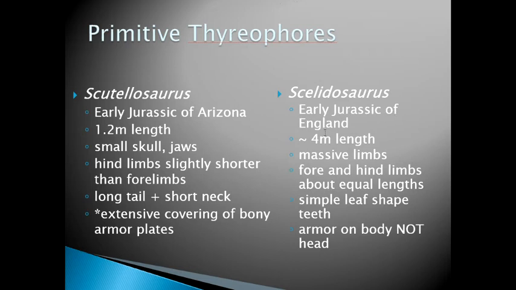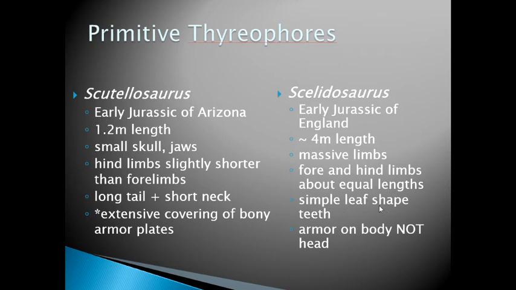And then a couple other features. Notice I talk about their limbs, their legs. And this characteristic of a Scutellosaurus is very important. The hind limbs are slightly shorter than the forelimbs. That's an interesting group. That's contrasted with Scelidosaurus, where the fore and hind limbs, basically the arms and legs, are about equal length.